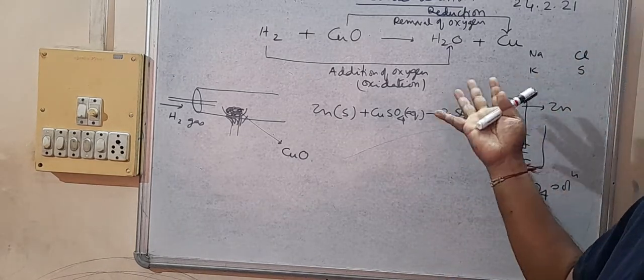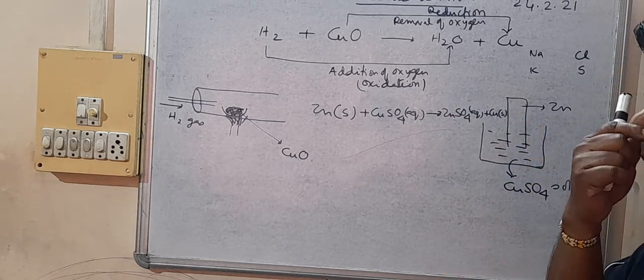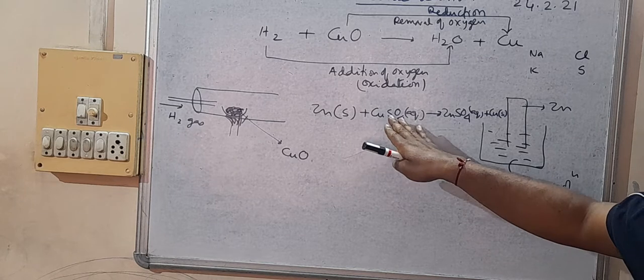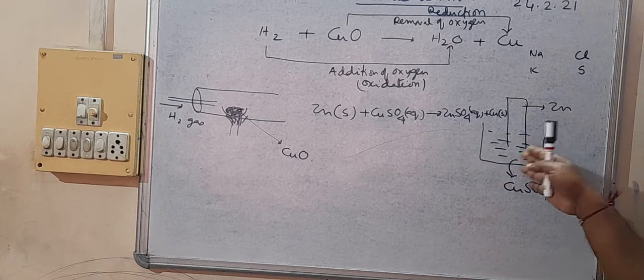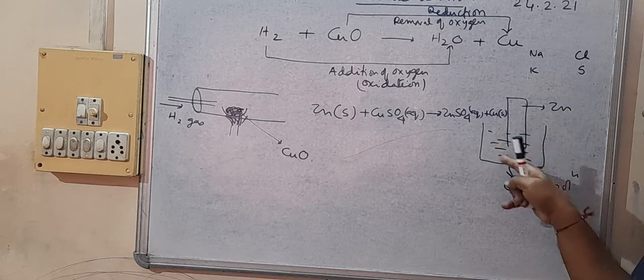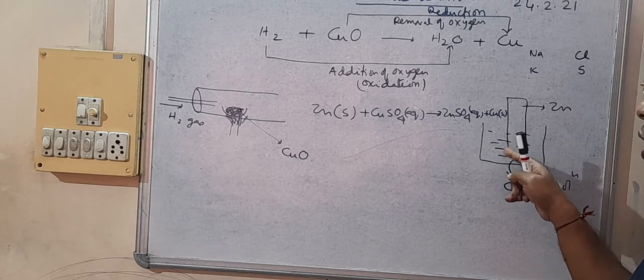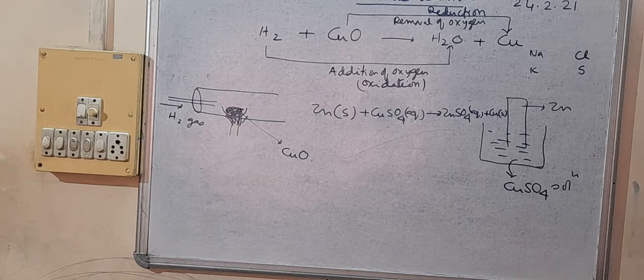And how will you understand that this reaction is taking place? Since we know copper sulfate is a blue colored solution, when the zinc rod is kept here, you will see that the intensity of the blue color of the solution will decrease, and this will show that there is a chemical reaction taking place.